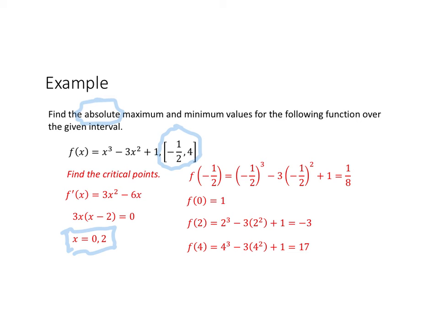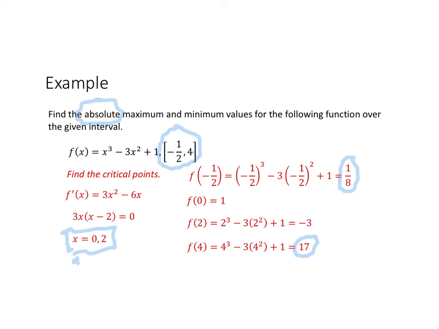First, I'm going to plug in the lower limit of the interval, -1/2, for x in the original function, and I come out with 1/8. Now, I also need to take the upper limit of the interval, which is 4, and plug that into the original function, and I come out with 17. So those are the values at the endpoints of the interval.